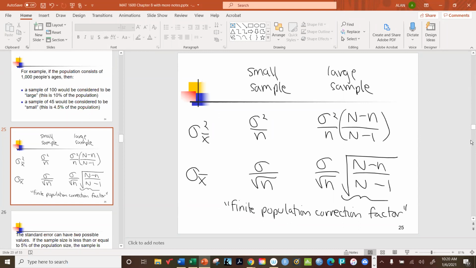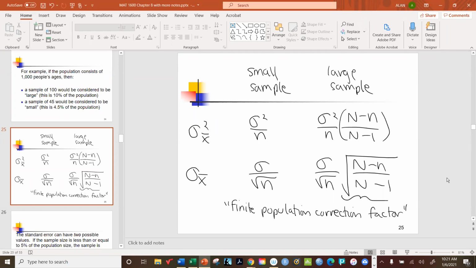This one up here doesn't seem to have a name. I don't know why, it just doesn't. But here, the square root is called the finite population correction factor. And again, the point of it is to reduce the standard error to take into account the fact that the sample is relatively large, which means that the sample means should be much closer to each other than for a small sample. All right, now with all that being said, what we can do now is calculate probabilities based on the normal distribution and on these moments.